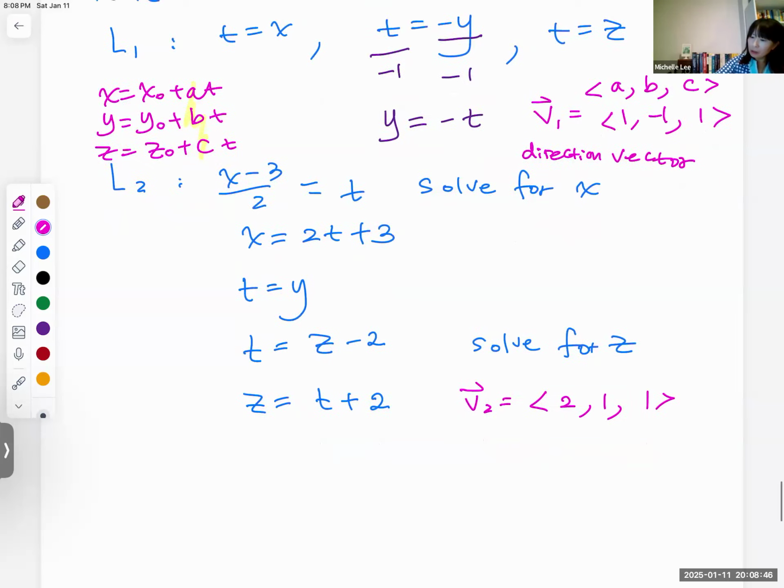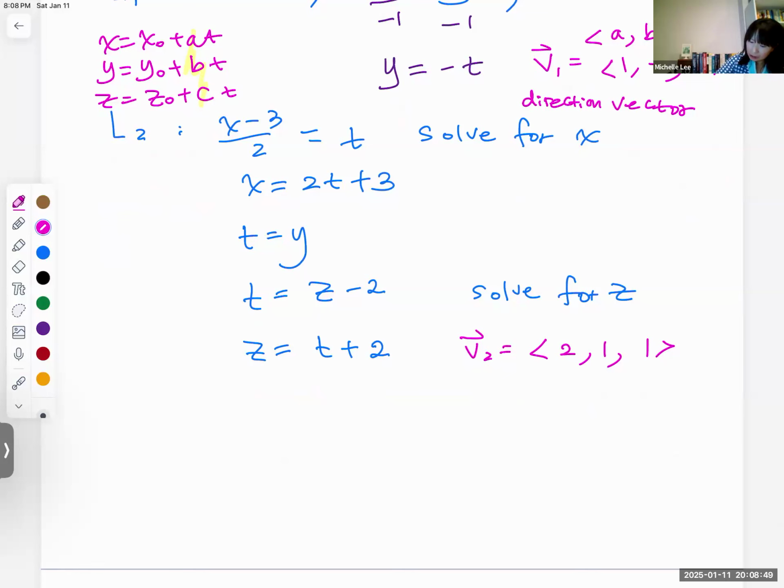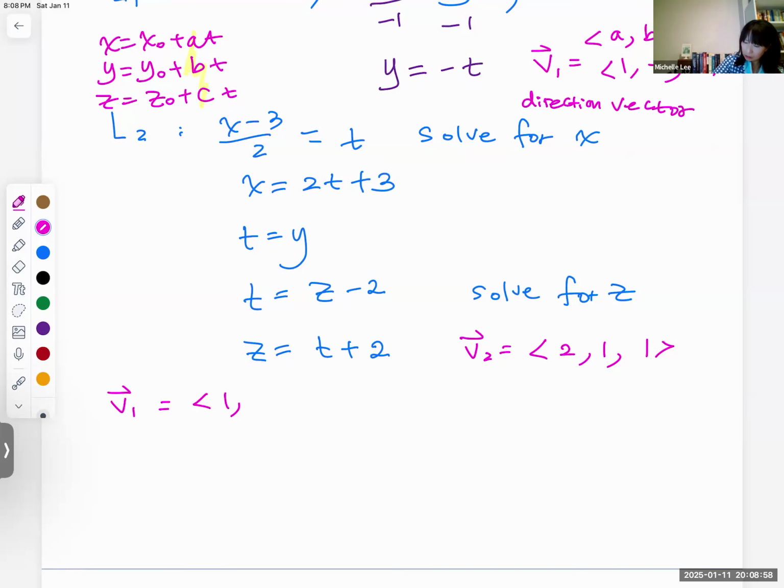Okay, so what do you think about the two vectors, two lines? We have 1, -1, 1 and V sub 2, which is 2, 1, 1. We cannot see that one is double or 1/2, 1/3, or triple the other, right? So we say no, not parallel.